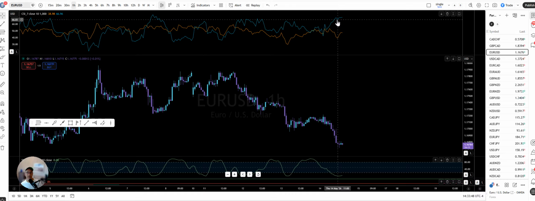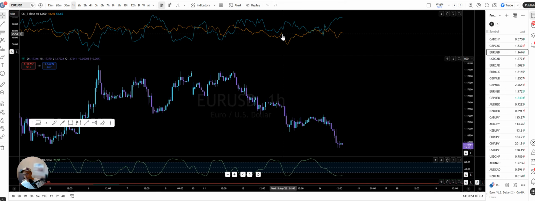And basically, not to rehash this, but if anybody just listened to the first time, this indicator is a custom indicator. It's based on a free, open source indicator that somebody else created on TradingView, where they had all 8 of the major currencies plotted on one indicator.